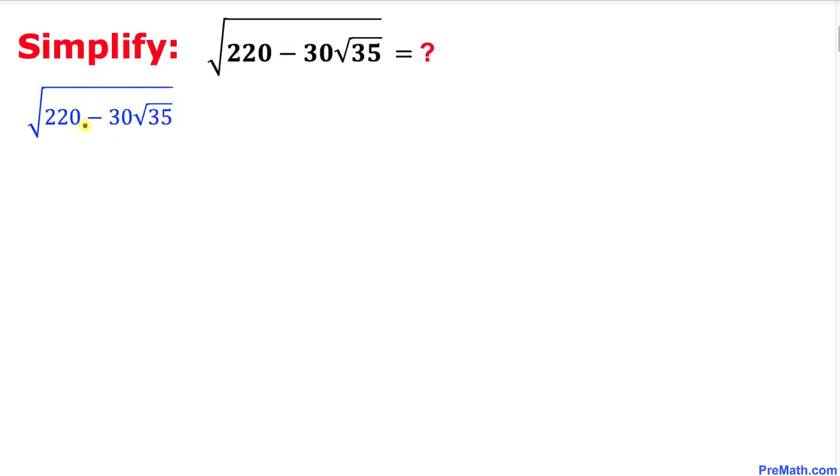And here's our nested radical problem, and let's focus on this part only. 30 times square root of 35. Here I have copied down 30 times square root of 35, and here I can factor 30 as 2 times 3 times 5, and likewise the square root of 35 could be written as square root of 5 times square root of 7.